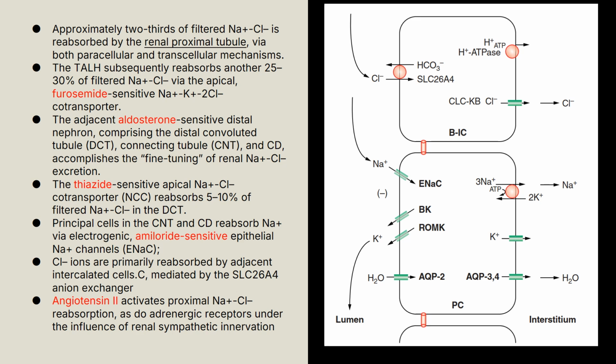If we look to the diagram on the right, we see the beta intercalated cells and the principal cells. The effect of beta intercalated cells is the absorption of chloride in exchange for HCO3, and that's via the SLC26A4. And the principal cells absorb sodium through the ENaC channels.